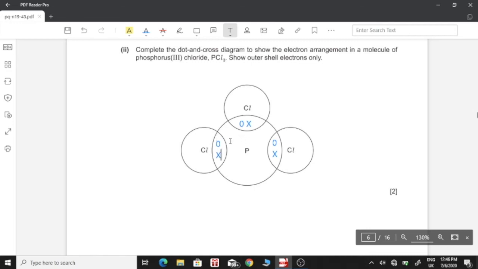Alright, now since phosphorus has 5, 3 of them are already over here, and we're remaining are 2. Now let's count these. These are 2, 4, 6, and 8. So phosphorus has completed its outer shell, and similarly chlorine had 6, and now 7 electrons in its outer shell, which is now complete since it's sharing 1 electron with phosphorus atom.